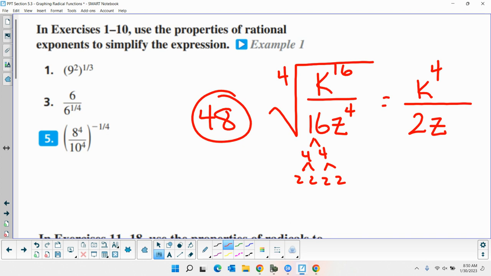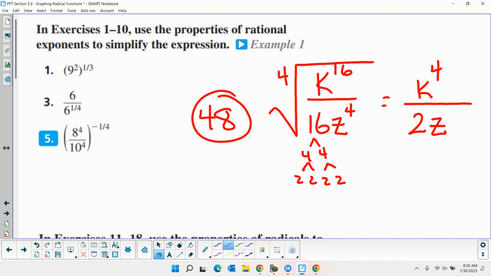60 is 3x square root of y. 62, you have 1/8, or you could have 1 over 8 if you want. Then x to the 5/4, y to the 9/4, z to the 2/3. Those all could be in the numerator. You could have that over 8 if you want, or just 1/8 out front.